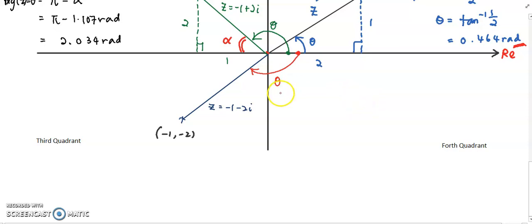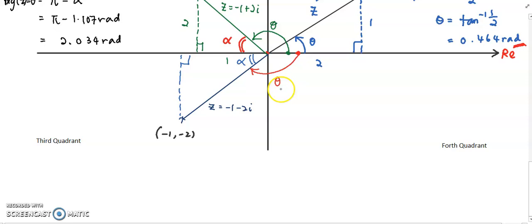To get this angle, I would like to see this as my right angle triangle, and get the alpha over here. After that, to get the theta, we use pi, which is 180 degrees, or pi radian, minus the alpha.